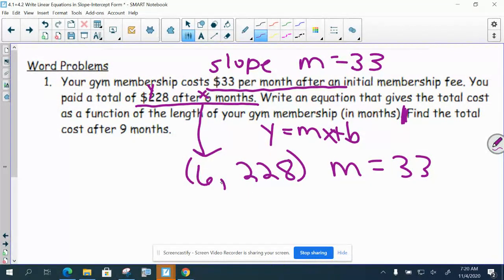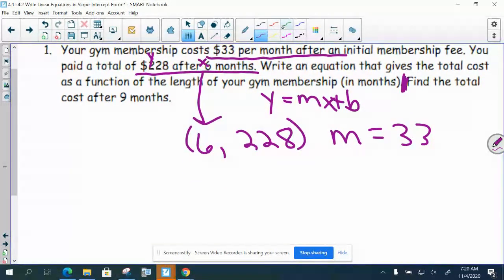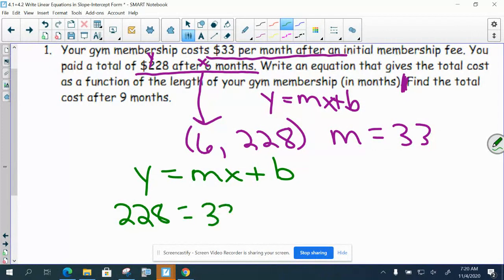Obviously you're not going to want to graph this because 6 and 228 is going to be hard to graph. So let's use our algebraic methods. I always like to write the equation out first and then plug in what we know. So y is 228, the m is 33, the x is 6 plus b.